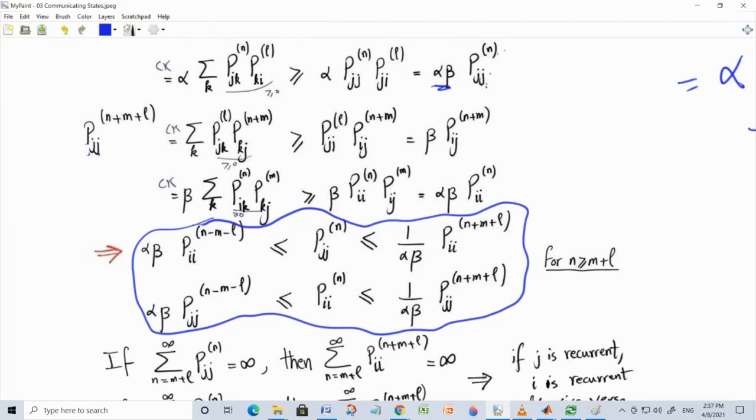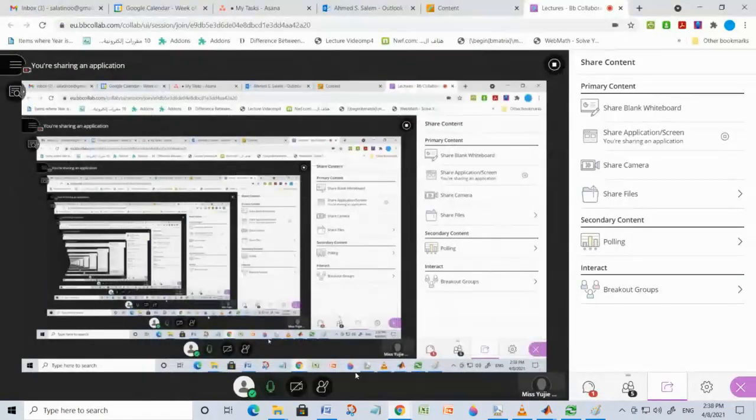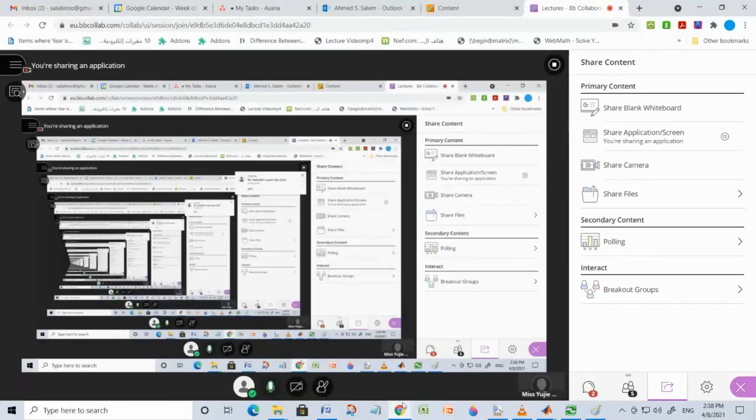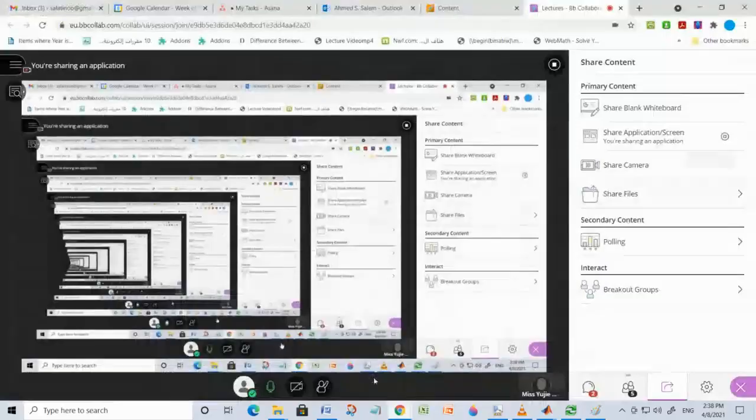Now, let's just zoom. The screen is black. You are sharing. Can you see this screen here? So should I stop sharing and then reshare again? Okay, let's do it.